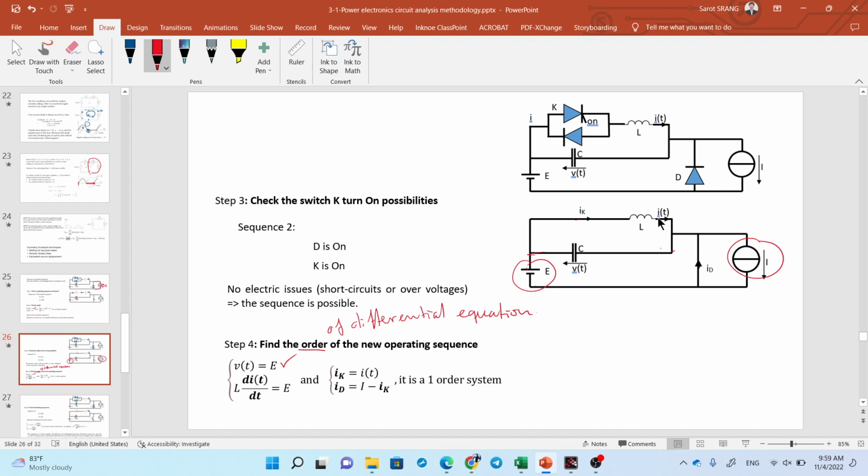The relationship between current and voltage across the inductor. The voltage on the capacitor here and the voltage on the inductor here are the same, which is the same as E, and the voltage on the inductor is L di over dt, right? So you have a differential equation, and if you look at D, it's just a first order differential equation. Okay, first order.